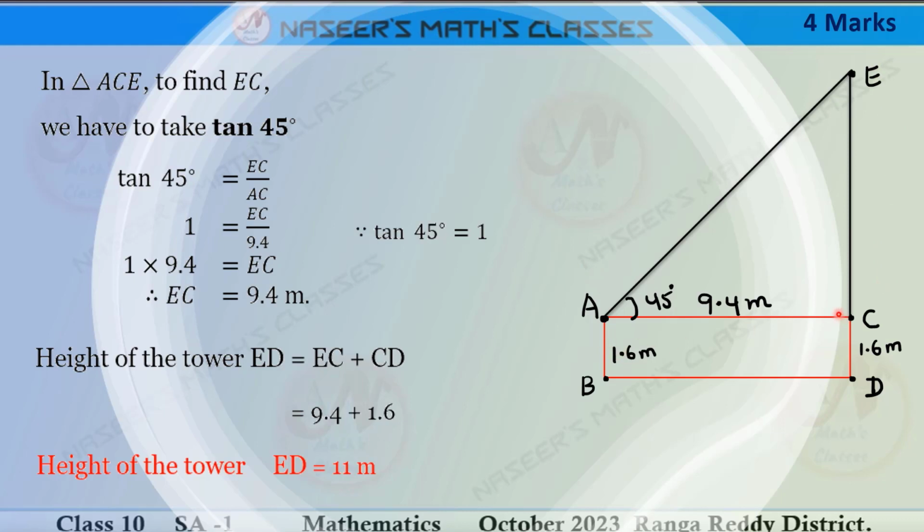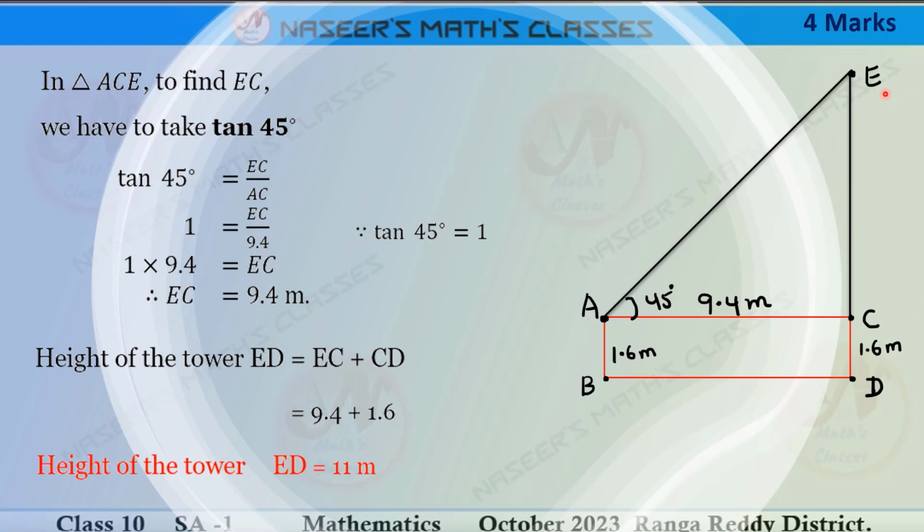Now we substitute AC is equal to 9.4 meters, and we already know that tan 45 degrees is equal to 1. Then we can write 1 is equal to EC by 9.4. Now we cross multiply, we get 1 into 9.4 is equal to EC. Then we can write EC is equal to 9.4 meters.